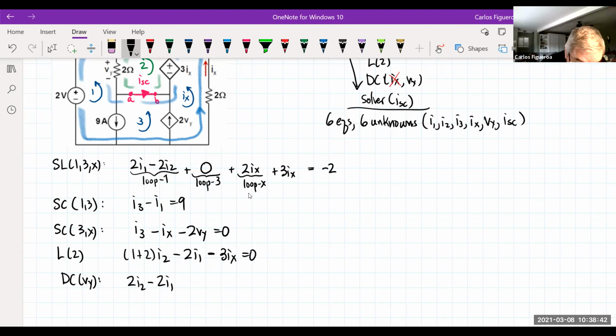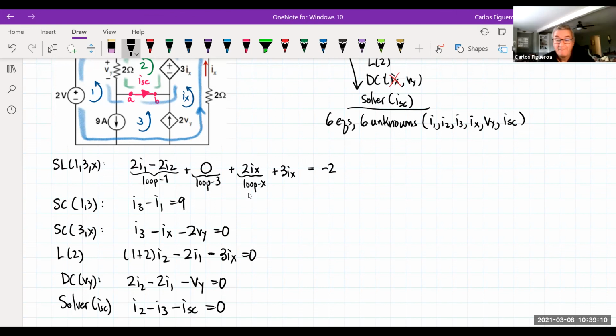But Vy, we want it in matrix form, so I'm going to bring it to this side, so that's got to be equal to 0. And then I want my solver for I short circuit. You can see here that it's the difference between loop 2 and 3. So 2 goes in the direction of I short circuit. So it should be I2 minus I3 minus I short circuit equals 0.